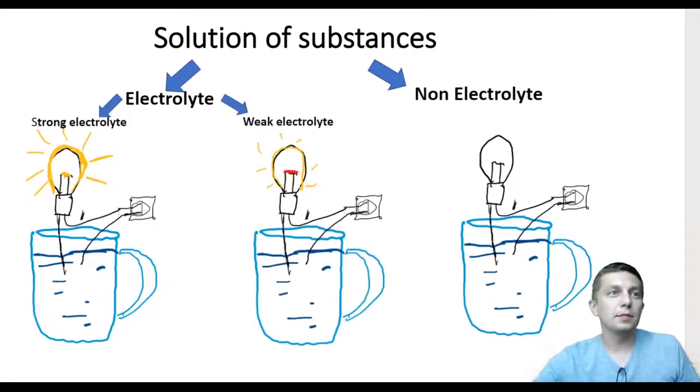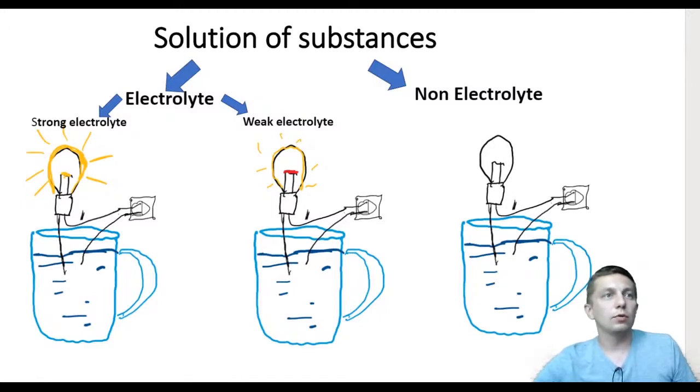And sometimes if we describe conductivity of electrolytes and non-electrolytes, we group electrolytes into two groups: strong electrolytes, which conduct electricity well, and weak electrolytes, which do not conduct very well.